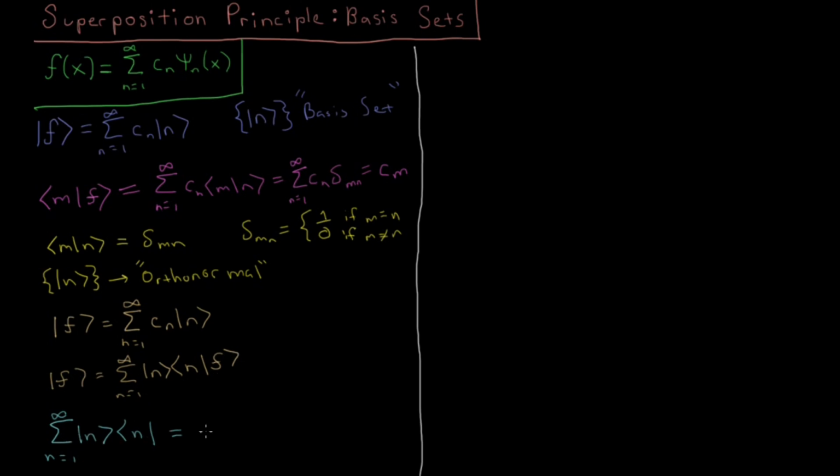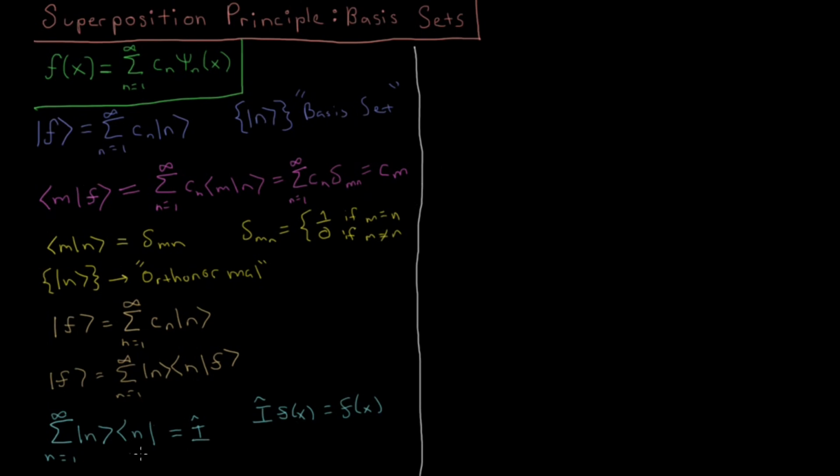So this operator here is equal to an identity operator, where we said that an identity operator acting on a function f of x just gives the function back. So this type of operator doesn't actually change the function at all. It's just a way of getting the function into a different basis set. It tells us what the coefficients are for the function represented in the basis of those eigenfunctions.